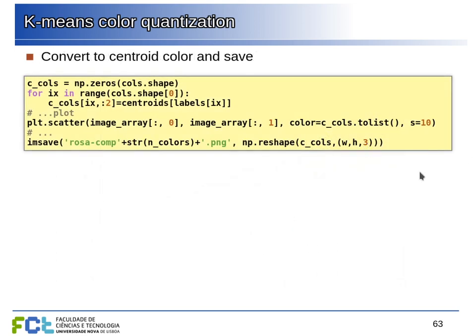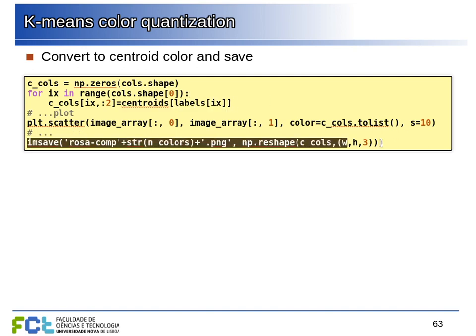And we can do that easily by, for each pixel in our data, setting its values, the red and green channel there, to the same coordinates as the centroid to which this pixel belongs. So the labels index gives us the index of the centroid for this particular pixel, and we take from the centroids the coordinates of that pixel.